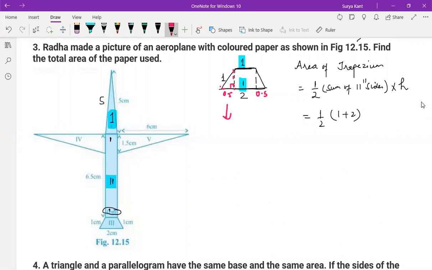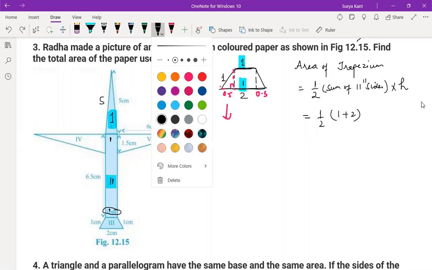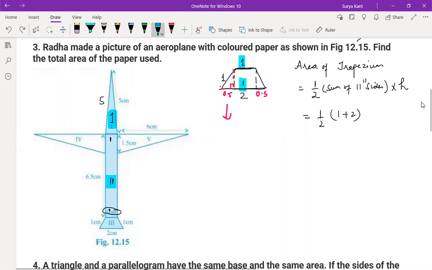So if you write here ABCD, name A, B, C, D, and just write with some other pen. I'm writing here A, B, C, D, E, F. So AE I can write here: AE square is equal to AF square minus FE square.